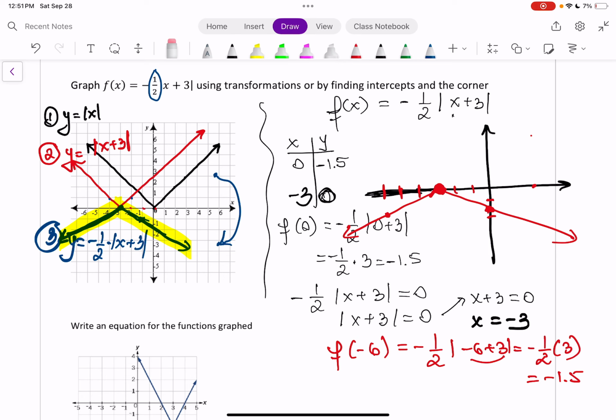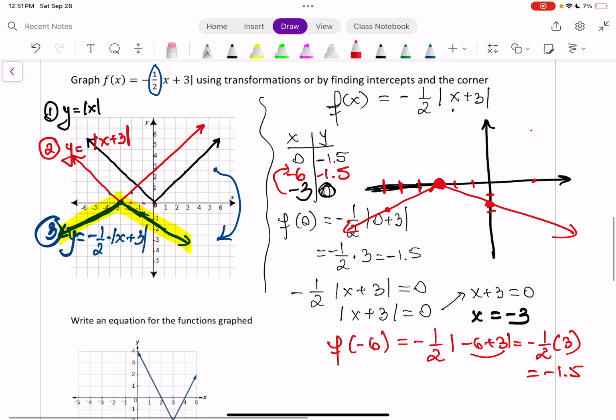And again, one more time, what did we do here? We chose another value, and we got the same y coordinate. Therefore, we knew the corner point must be halfway between 0 and negative 6, and that makes negative 3 our corner point.